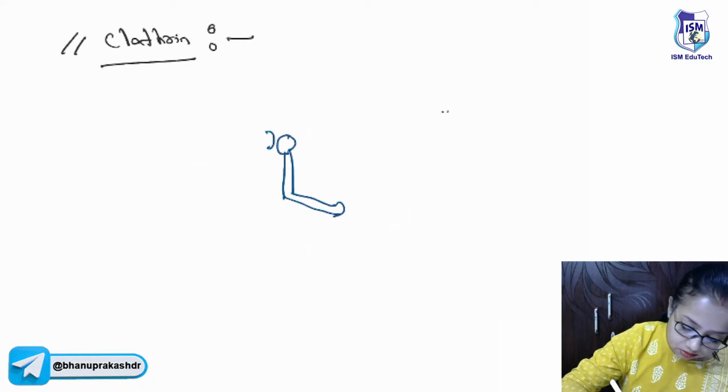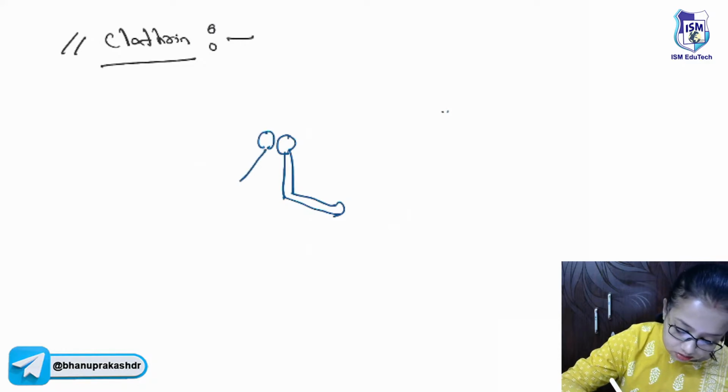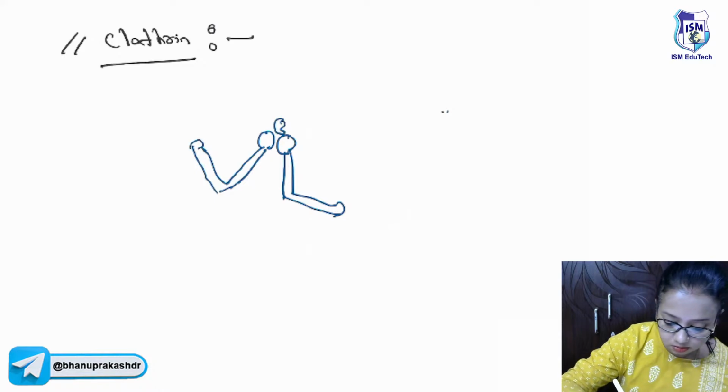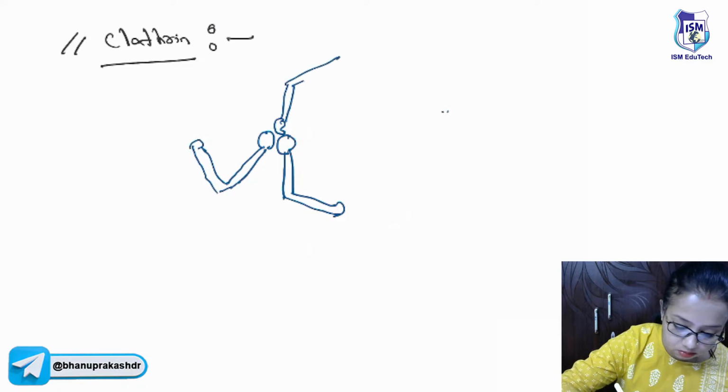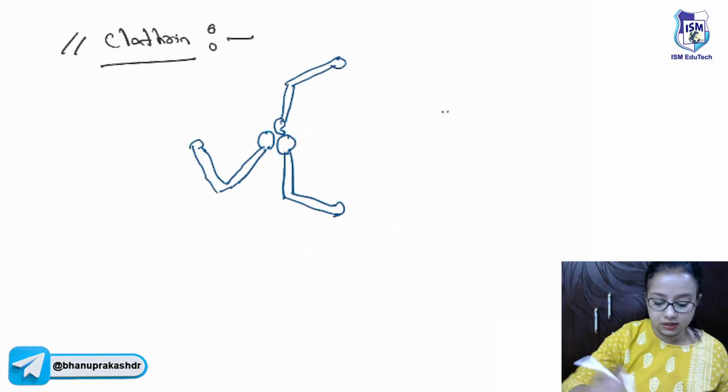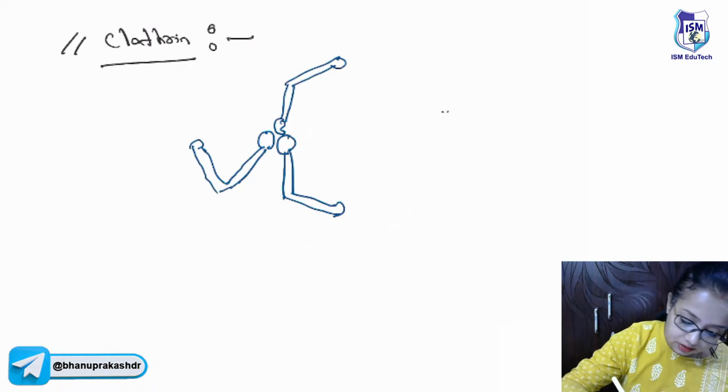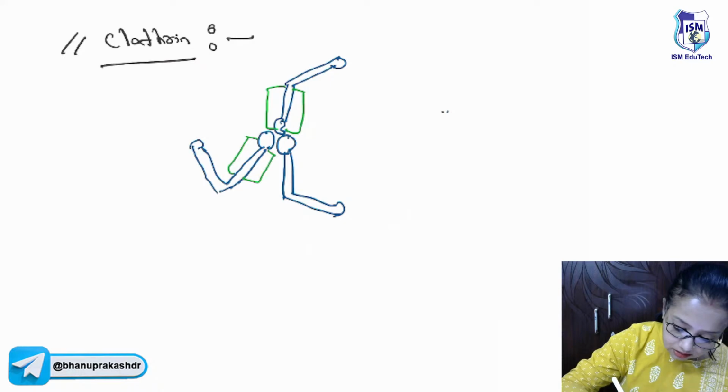It has these domains, and there is a heavy chain and a light chain attached to this clathrin protein.